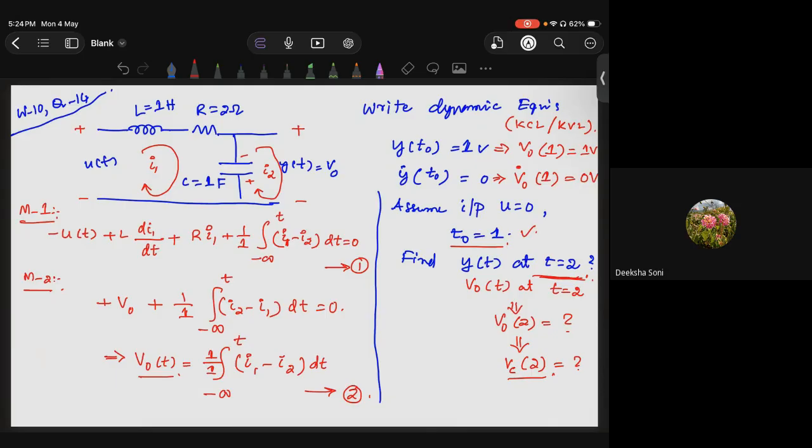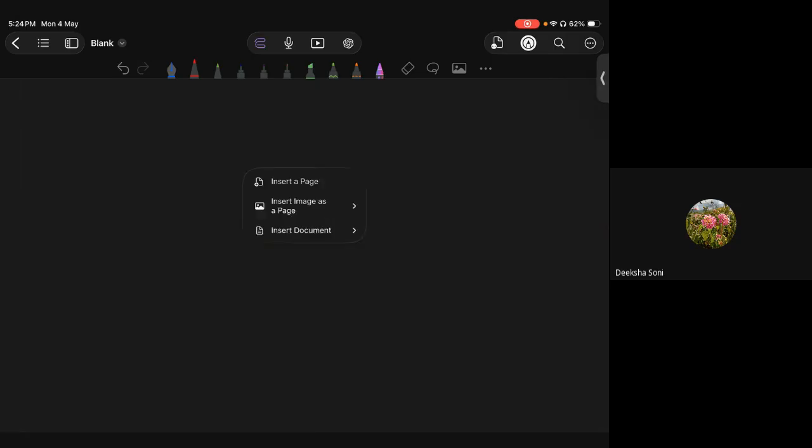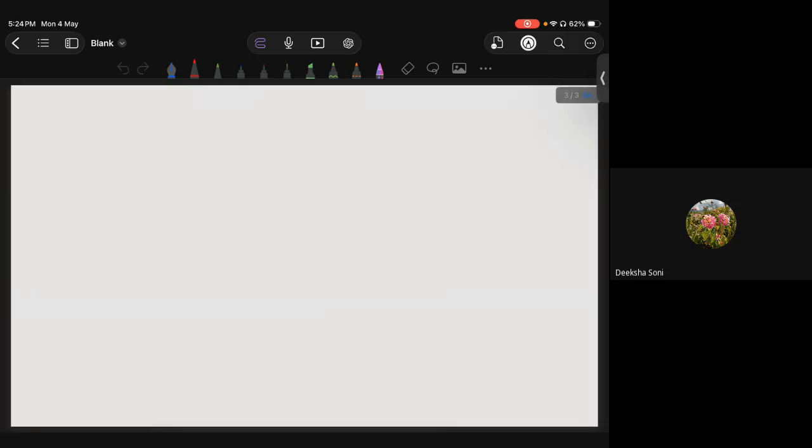What if you take the Laplace transform? Let me try. Let us give it a try. What if you take the Laplace transform of everything? The initial input is given at t naught equal to 1.